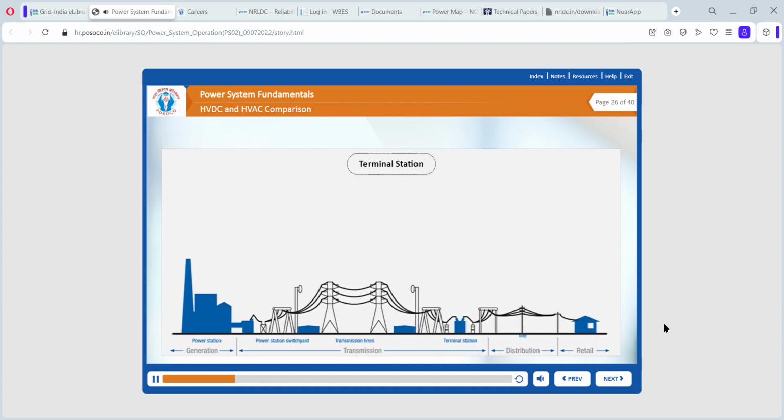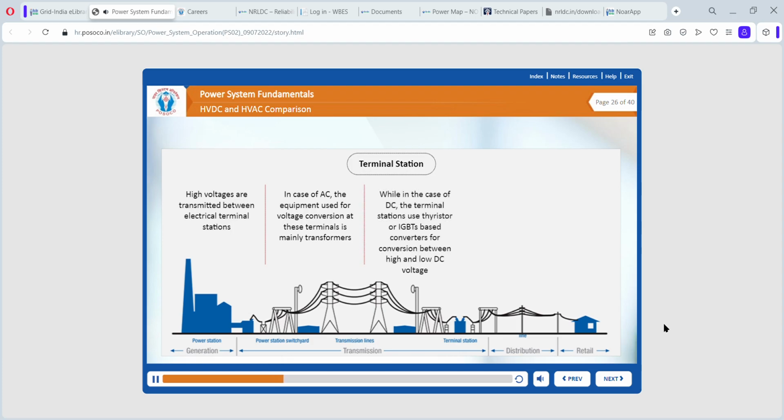First one is terminal station. The high voltages are transmitted between electrical terminal stations and their job is the voltage conversion. In the case of AC, the equipment used for voltage conversion at these terminals is mainly transformers that convert between high and low voltage.